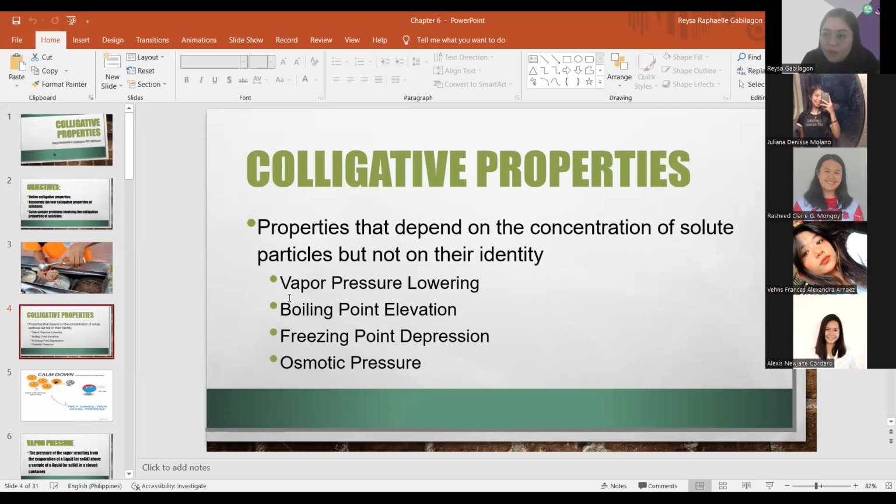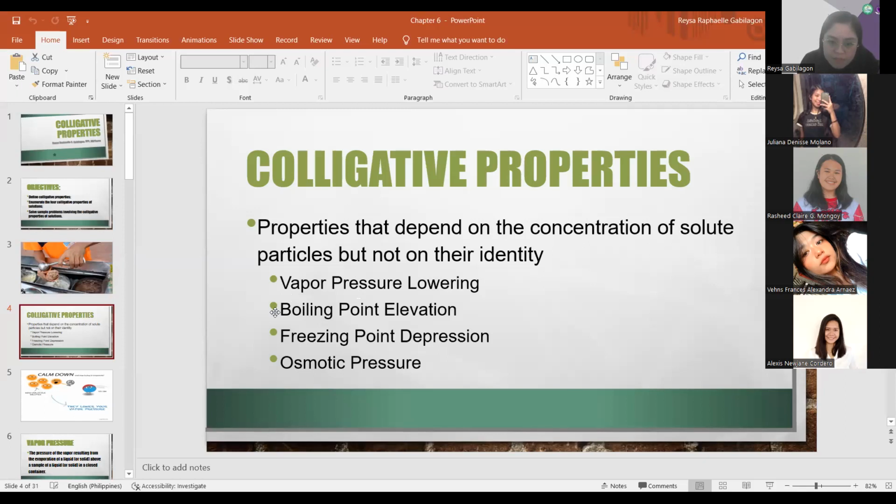And what's the consequence? The solution will not easily volatilize. It will not quickly become a gas. Just like acetone: if you have pure acetone, it volatilizes easily. But if you add any solute to the acetone, its vapor pressure changes and its volatility is reduced. Okay?